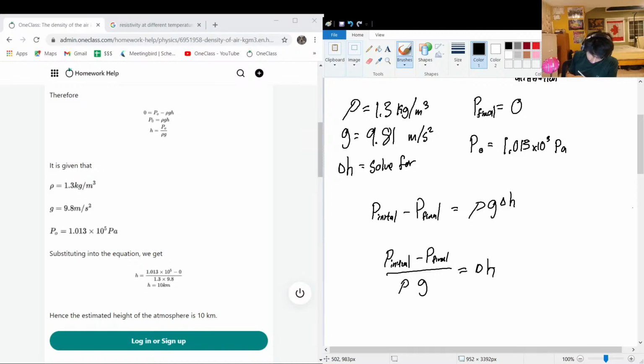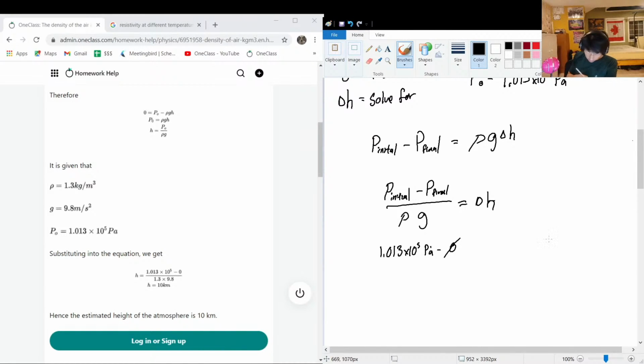Our initial is 1.013 times 10 to the 5 pascals minus 0, because that's our final pressure. And our density value was 1.3 kilograms per cubic meter, multiplied by 9.81 meters per second squared, and we will come to the answer.